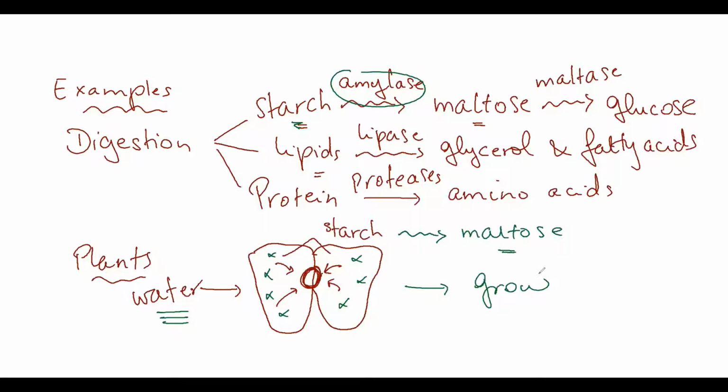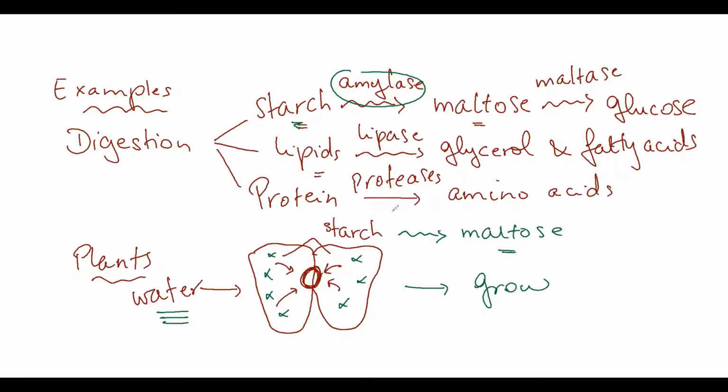No, yes, there is stored starch in the cotyledon, but when the embryo is beginning to grow in order to form a new plant, it has to wait for this starch to change into maltose. Will it wait for a long time? Well, it will not wait for a long time, because of the catalyst.